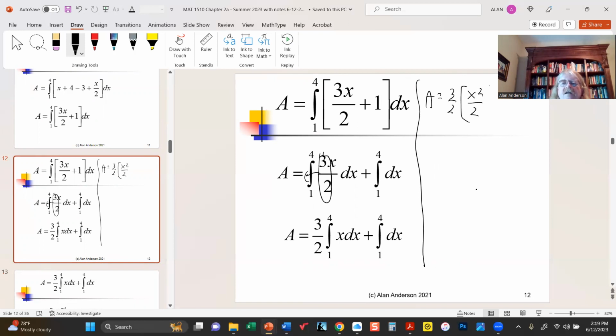Integral of x is x squared over 2. This one will be x. Let me write it like this. Now, if you choose to do so, you can move this constant outside.